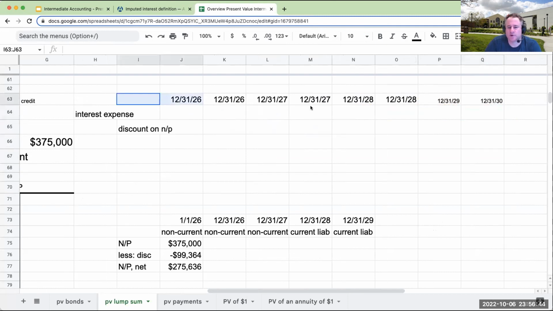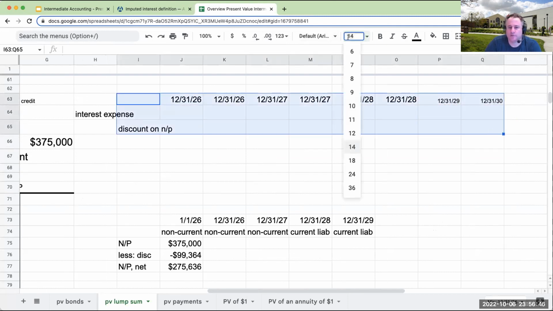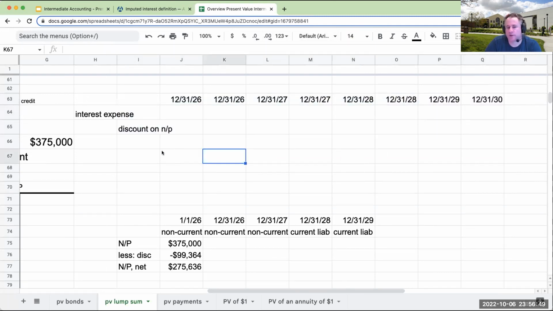This is going to be our journal entry every time we go through and do this. The journal entry is never going to change. When I have this situation in a note payable, I'm debiting interest expense and crediting discount on notes payable, to record interest expense.